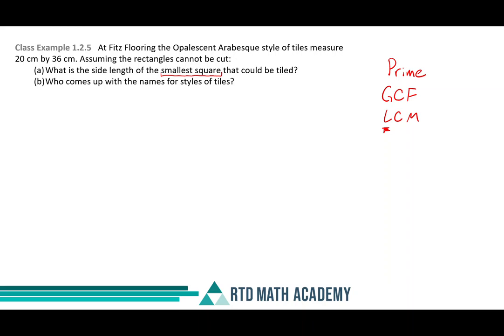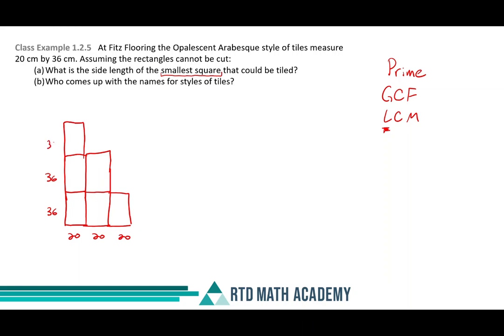Now, if I'm to try and do a square, I know that we could tile a 20 by 36 by placing a nice tile down. I'm going to place another one. Look at that, nice, drew my line for me. And so I could go ahead and tile some more. You kind of get the point, right? I could keep going this way and I could keep going this way.